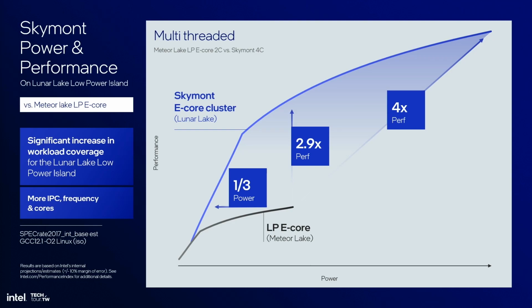So the low power island in Lunar Lake literally has 4x the capability as a low power E-core cluster in Meteor Lake. So when I talk about coverage, this is exactly what I mean.